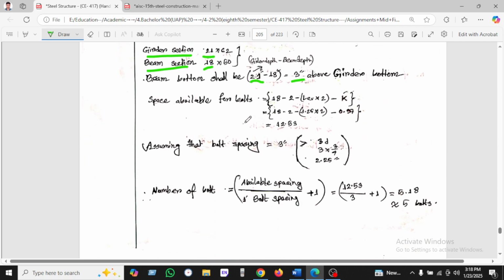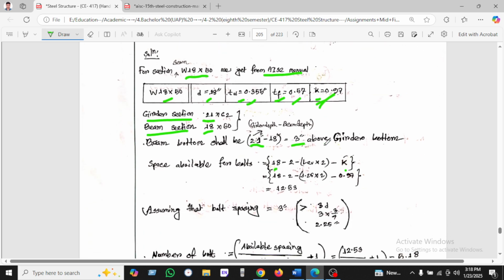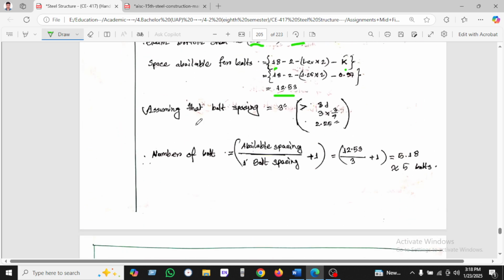Okay, so for the space available for bolts, 18 is given in the beam section. 18 minus 2 times the cope, minus k, where the k value is found from the AISC manual, gives 12.53.